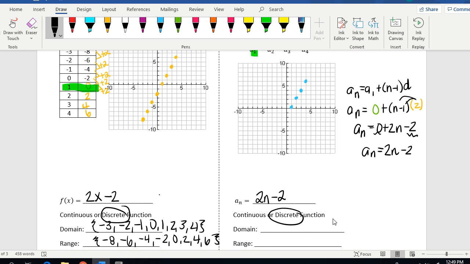And then for my domain over here, we're just going to start at 1 because that's where I have my first term. So 1, 2, 3, 4. And then my y values are the range, which is 0, 2, 4, and 6.